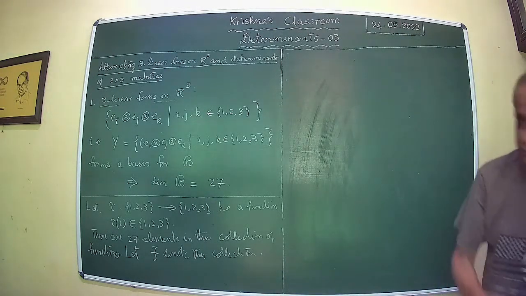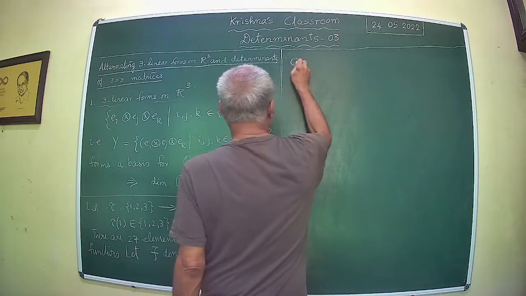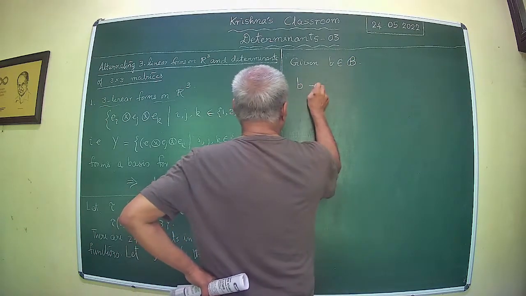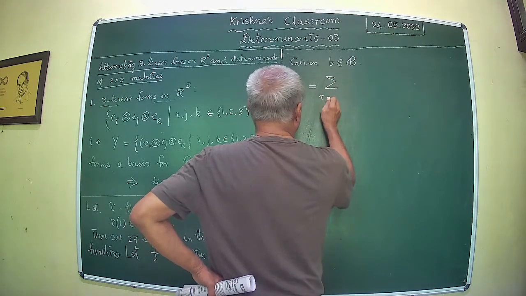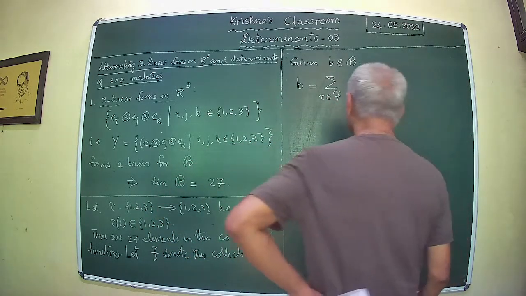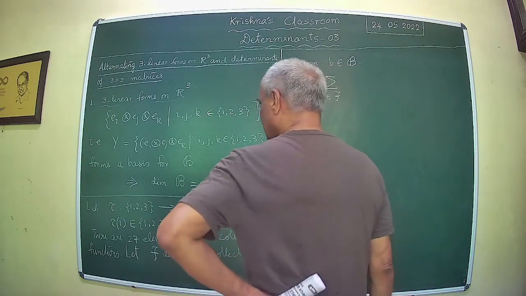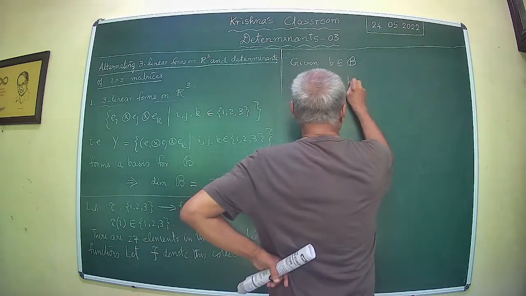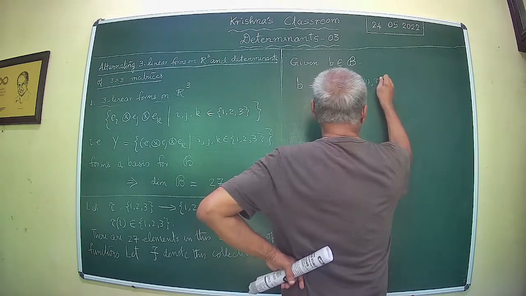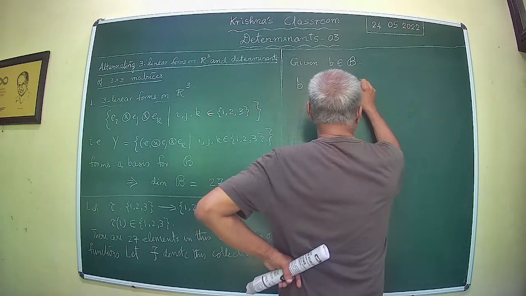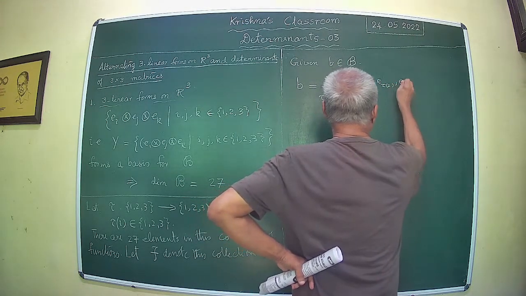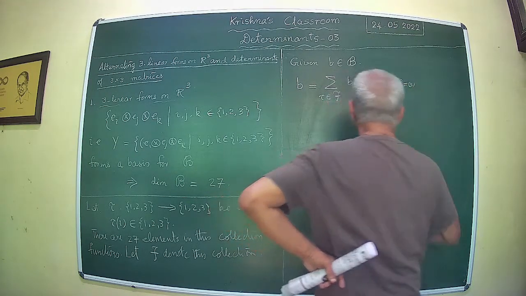So given B, B can now be written as a summation over all tau belonging to F of B at tau 1, tau 2, tau 3.